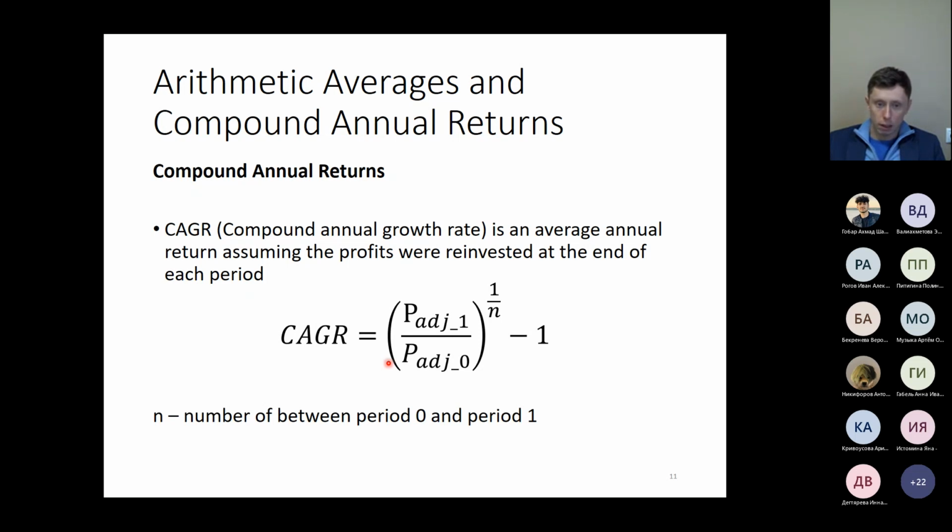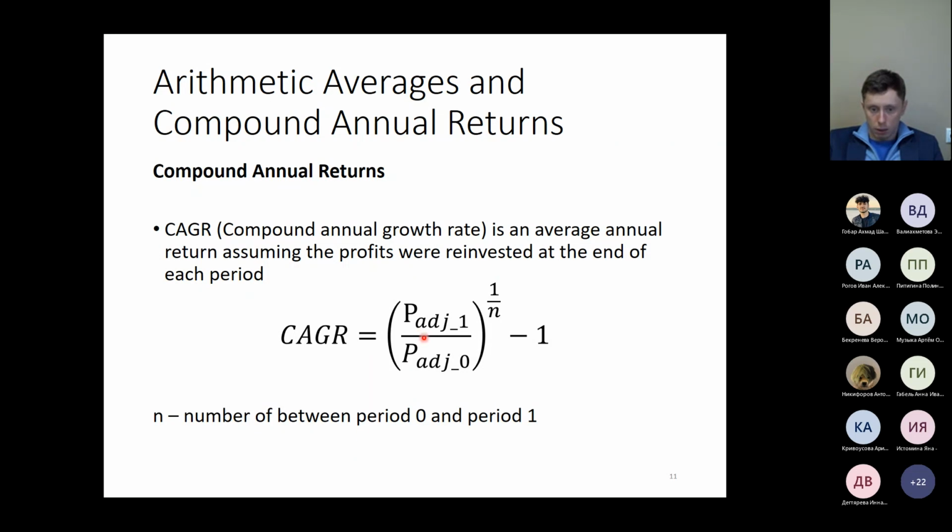In order to estimate compound annual growth rate, we need the final price, we need the first price, and the number of periods, the number of years. There are usually multiple periods, and then we would have here a number of years. Also, we can do it vice versa. It is not common, but it's technically possible.